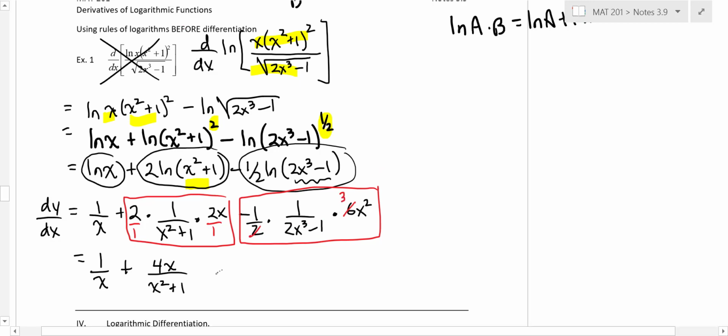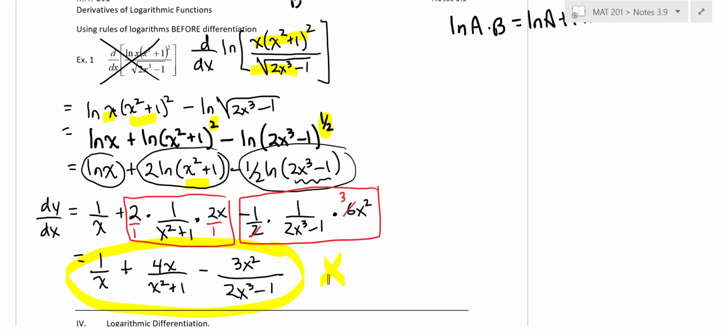So that's going to be minus 3x squared over 2x cubed minus 1. And that's your derivative right there. That is the way to do it. That's the moral of the story: do it that way. Don't do it the first way. If you have logarithm properties that you can use before you differentiate, that's the way you want to handle it.